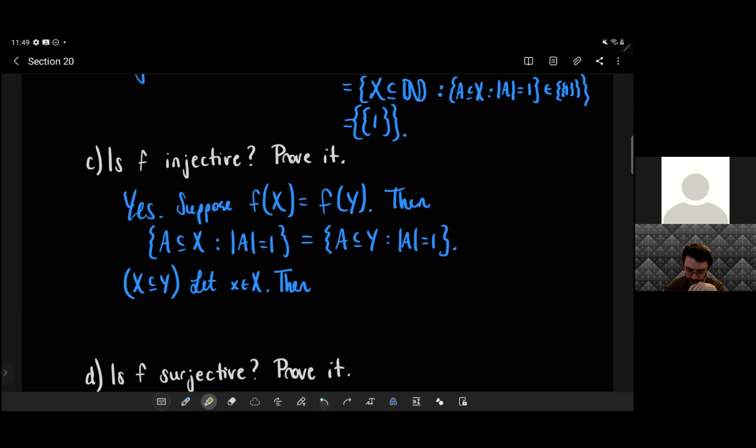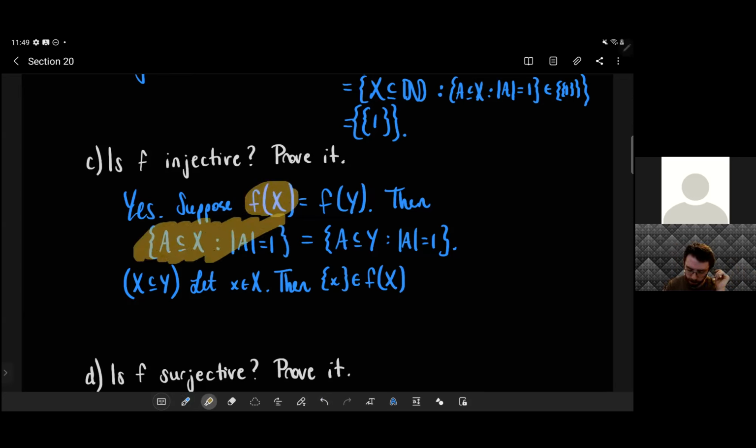So I know at least one singleton containing just x. That has to be in the image of x because it has cardinality 1, and f of x is the set of all things with cardinality 1. And I know f of x is equal to f of y. So in fact, that has to be in f of y as well.